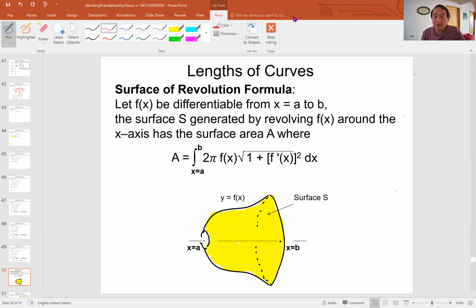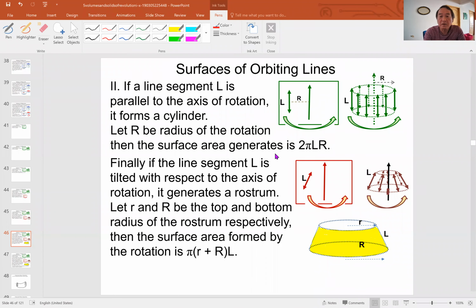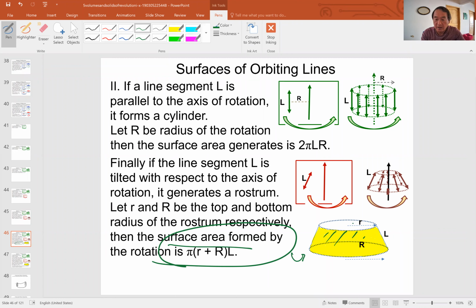If you go back to the section on surface of revolution in the beginning, we have a formula for the frustum, for the band surface of this frustum. This yellow area, this surface area, is the small radius on top plus the big radius on the bottom.